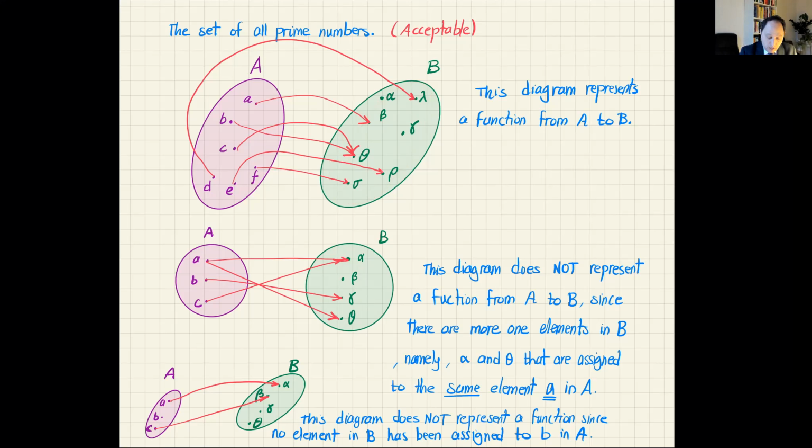Graphically it means that when you look at the elements of the first set, for every element you should see an arrow coming out from it, and not more than one. But what happens on the right hand side is not that important. For example, you see here no arrow has been added to this, so that's not a problem. Here you see I have two arrows coming into the same alpha.